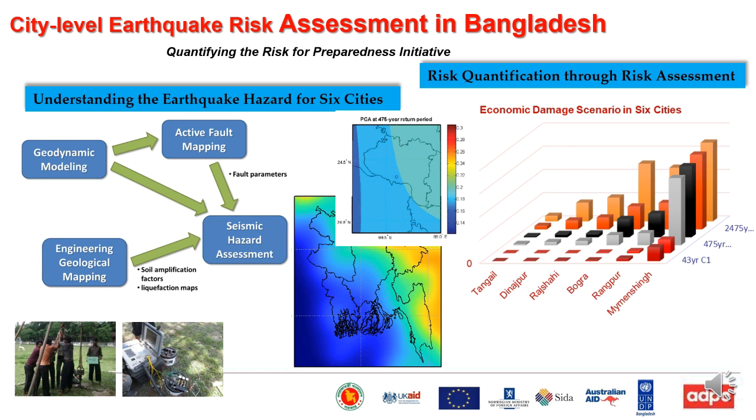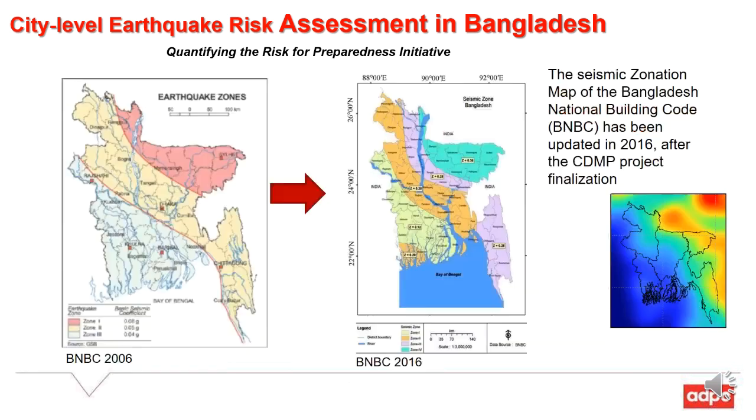Based on that, for different return periods, peak acceleration has been calculated, as well as risk quantification through risk assessment for 6 cities, along with 3 more major cities in Bangladesh, which actually resulted in contingency planning and others that I will talk about in coming slides.